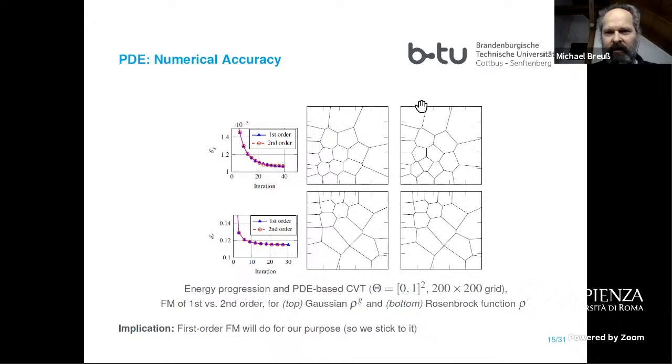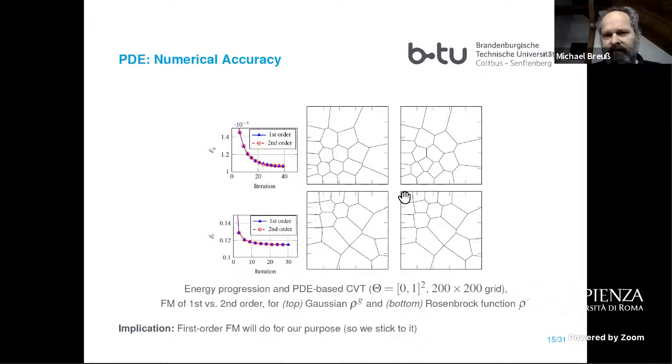Everything looks reasonable, lower density of Voronoi cells around. And you see here the valleys and a certain higher density at these corners with a higher density on the left upper part. So this is what is expected.